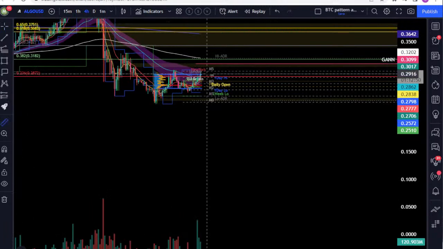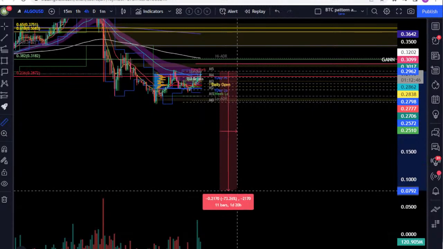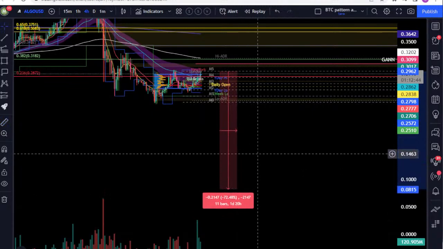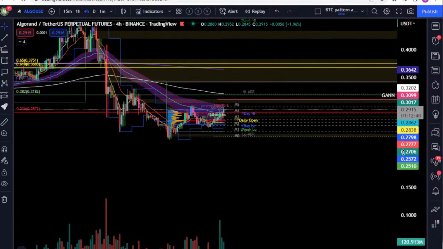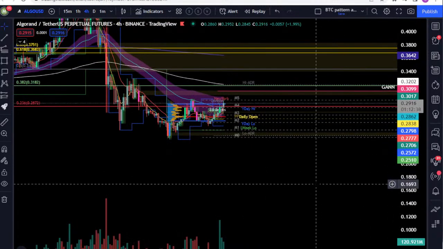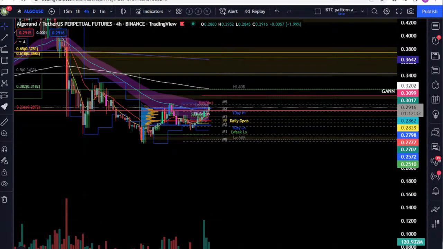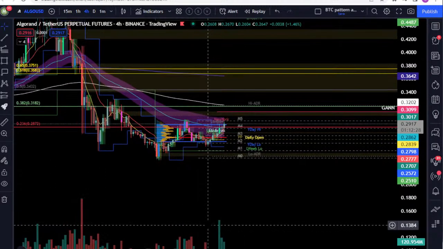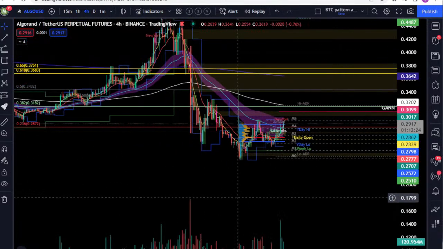I don't know how low it could go, but 0.08 essentially will bring Algo down by another 72%. Might not happen. Algo might be done, the wave count might be wrong, and we may be rotating up to the upside. But everything across the board, Bitcoin and all the other indices and the crypto market, don't look too good, so I wouldn't put much hope in them.